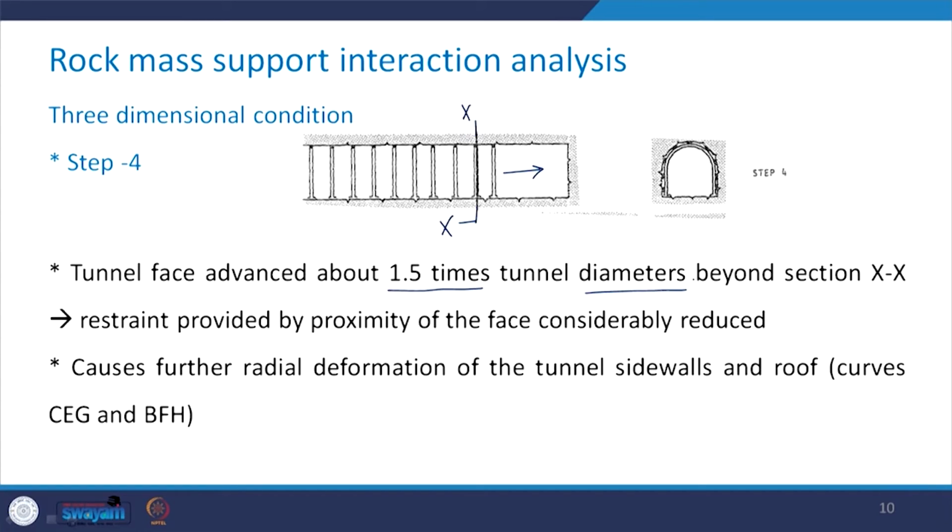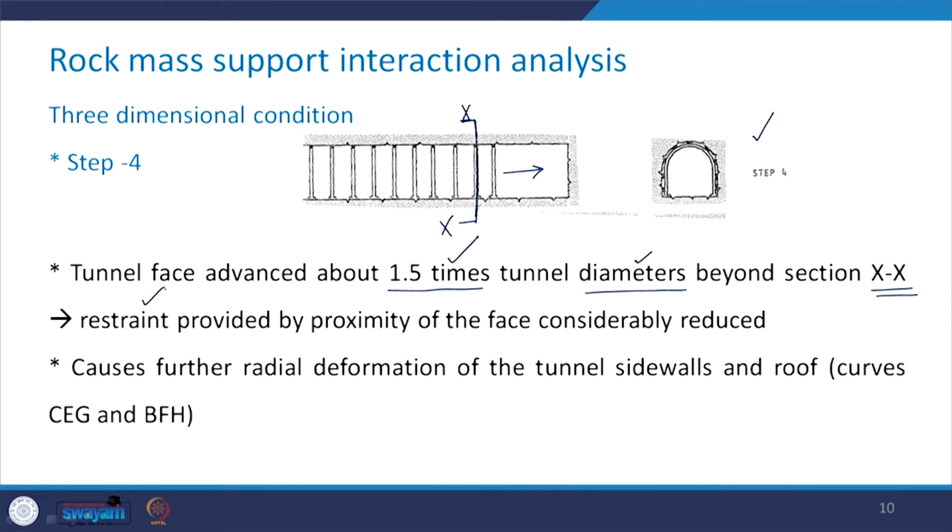So the same thing has been done here, that from the step 3 the tunnel face was advanced about 1.5 times the tunnel diameter beyond the section XX. Now the view here from this section XX will be the same as it was in case of step 3.